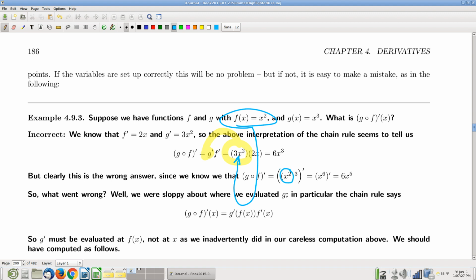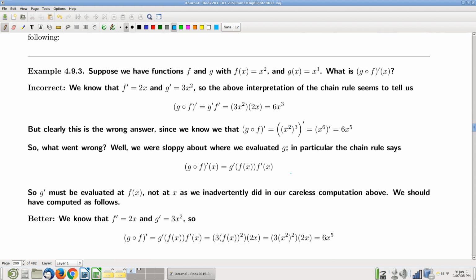Sorry, I put that in the wrong spot. So x squared has to go in there, like that. So this 3x squared is really 3 times x squared, squared. This is that business about how it's not g prime of a, it's g prime of f of a, in order to make the chain rule work.